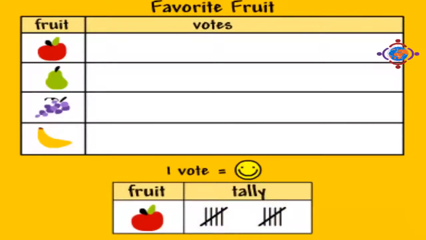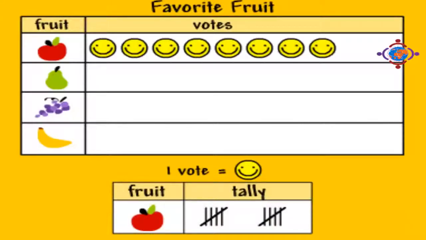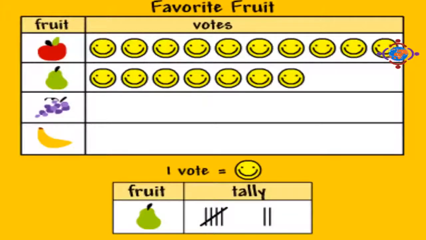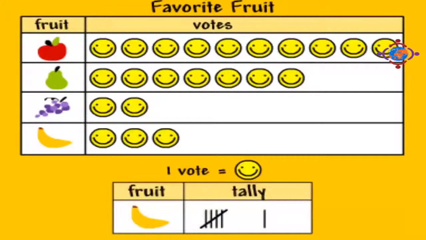Since 10 people voted for apples, I draw 10 smiley faces in the graph. 7 people liked pears, so I draw 7 smiley faces in the graph. 2 people voted for grapes, 6 people voted for bananas.